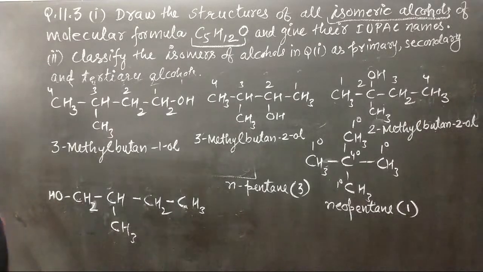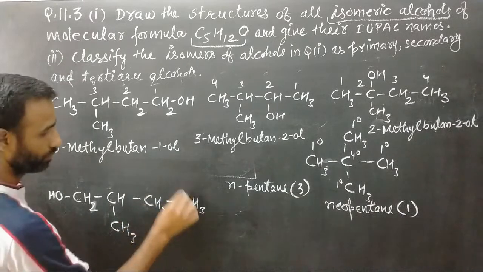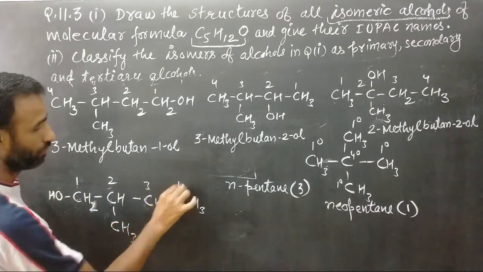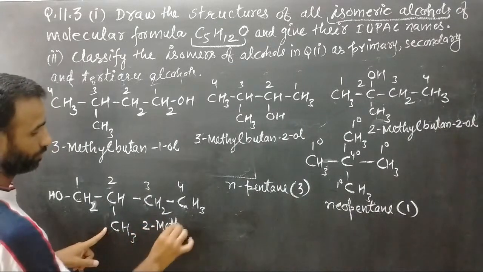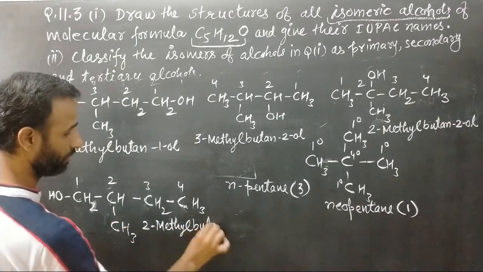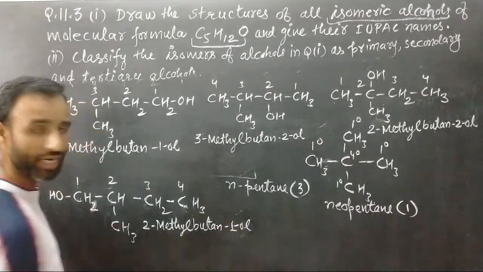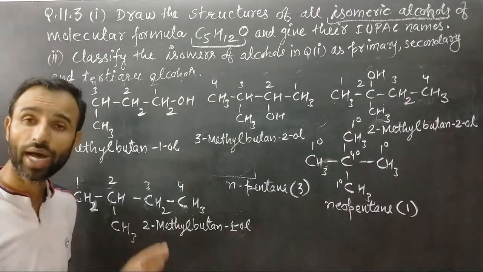Okay. Now, what about this? See, 1, 2, 3, 4. So it is 2-methylbutan-1-ol. Right? So these are structures obtained from isopentane.